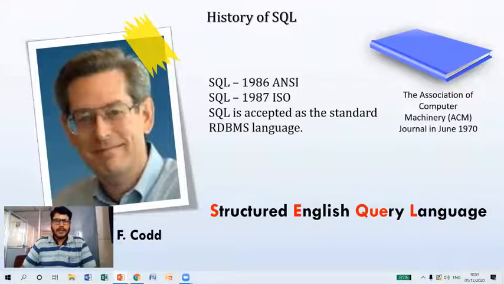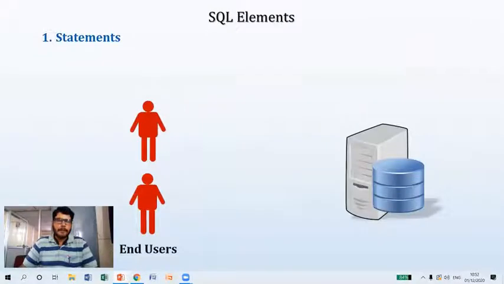It doesn't matter what kind of RDBMS software we are using, most RDBMS software use a common language known as SQL. Nowadays, we simply call Structured English Query Language SQL, that is, Structured Query Language. That's it. So this is all about the history of SQL.